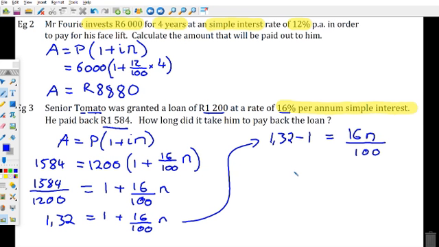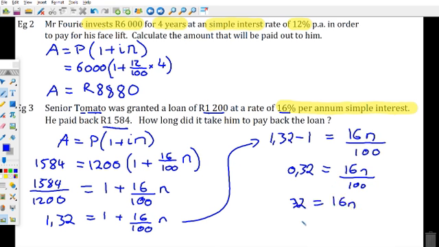So it's going to have there 0.32 is equal to 16n over 100. So it's divide by 100 on the right. How can we get it away from the n? We can multiply it on the other side. So we're going to have 32 is equal to 16n.